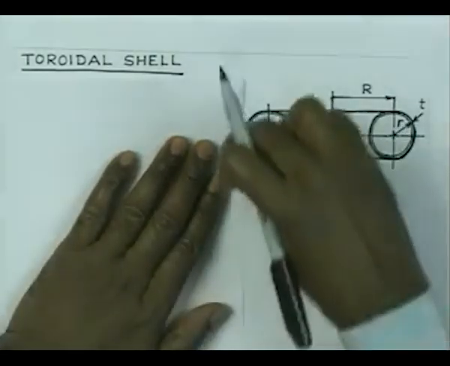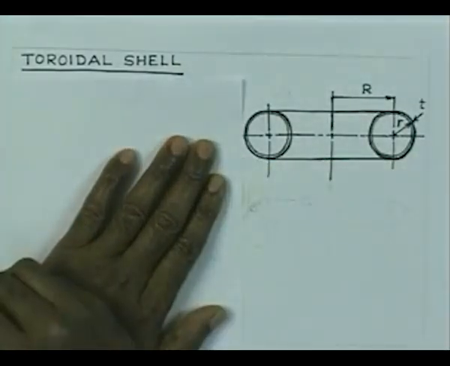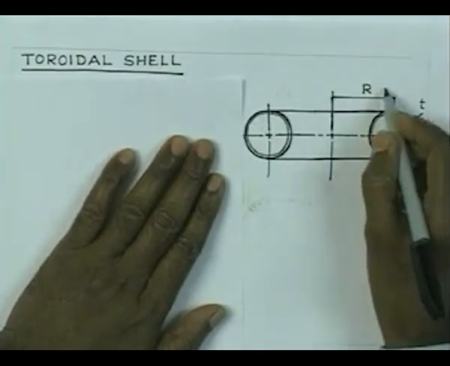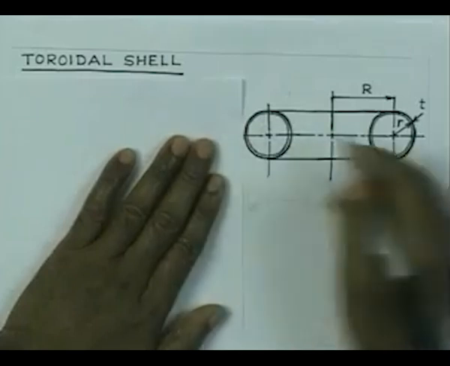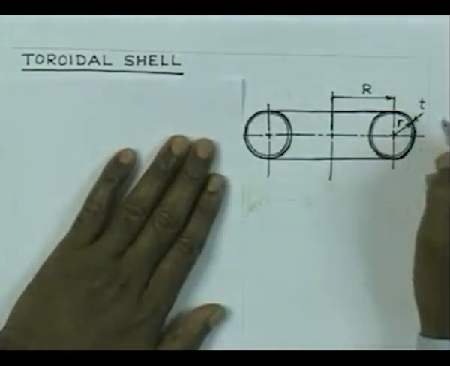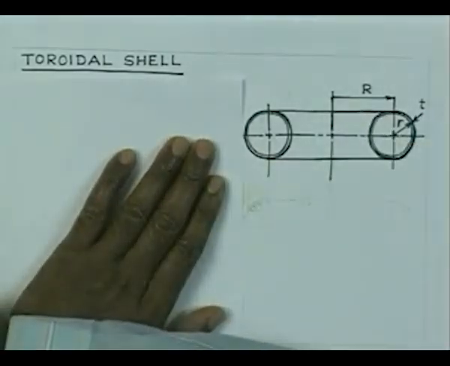It is a semicircular section which we have taken here. Look at the dimensions: the ring radius is capital R, the wall or cross-sectional radius is equal to r, the wall thickness is T, and the internal pressure acting on this vessel is as usual P.